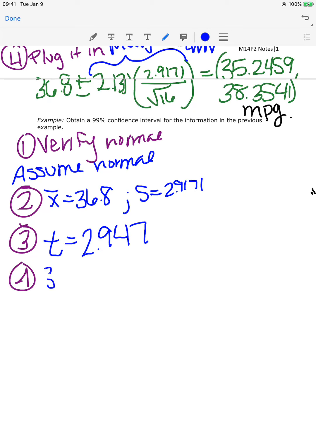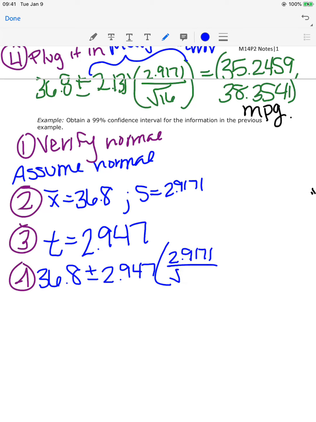So, I don't know why my pen is not writing very well today, guys. 36.8 plus and minus 2.947 times 2.9171 divided by the square root of 16.